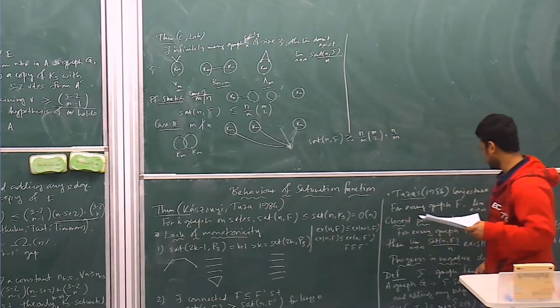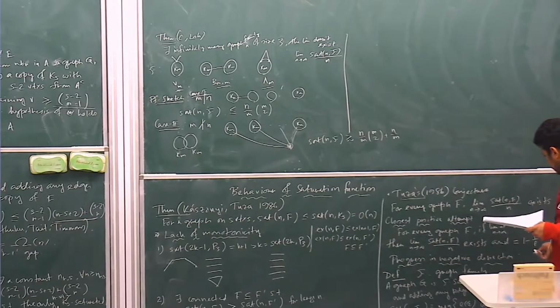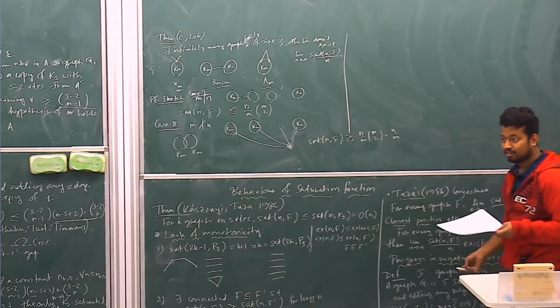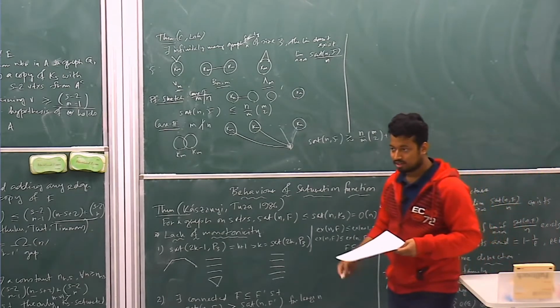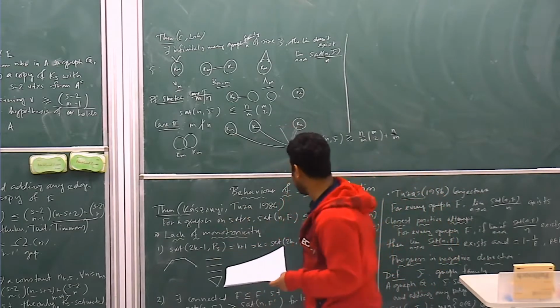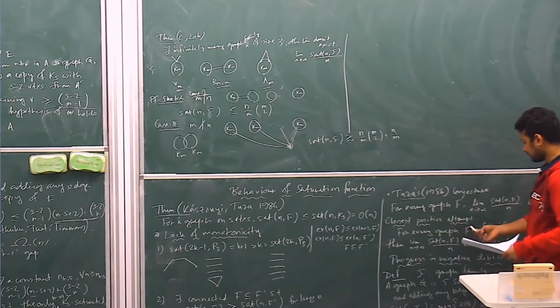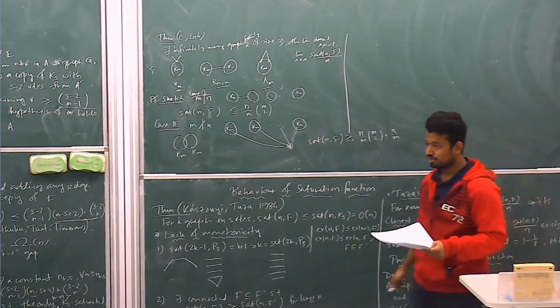Anyway, let me also tell you the following: for this two-judge conjecture, it's not even known for simple graphs like cycles. When F is a cycle with a fixed number of vertices, then we don't know if this ratio exists or not.